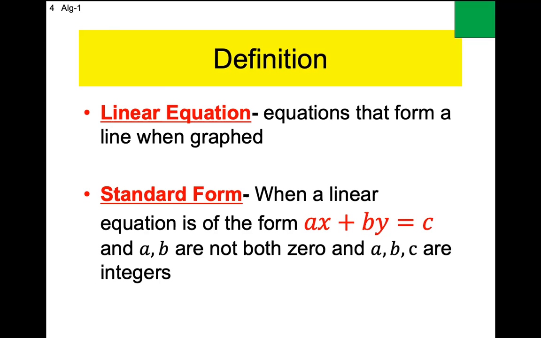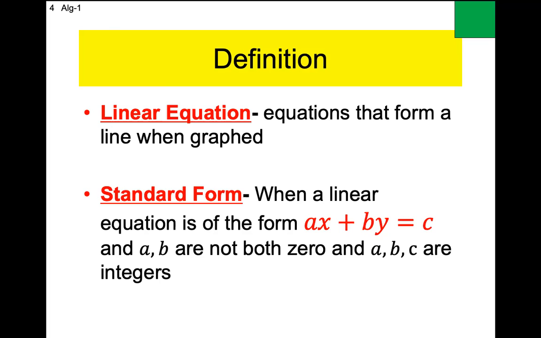We're going to get three forms this year: standard form, slope-intercept form, point-slope form. This is why this chapter becomes challenging towards the end, but right now it's not. So a linear equation is any equation that makes a line when you graph it.